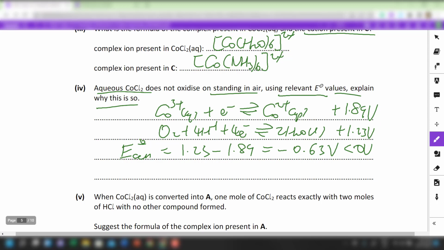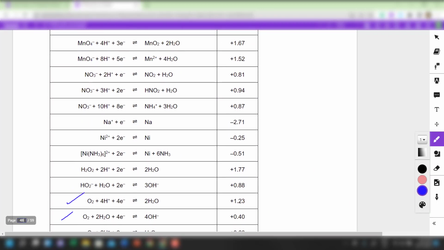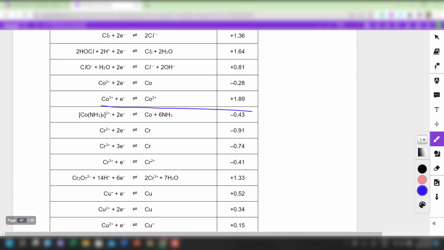Then you might be wondering, what about the hexaammine cobalt 3 to hexaammine cobalt 2? Unfortunately, the value is not given in the data booklet. If you search online, you will be able to find the value, and you realize that the reaction is actually spontaneous.